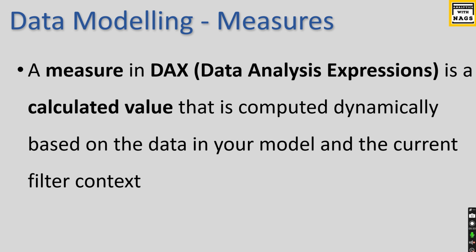This is a very important aspect of DAX and data modeling. You need to carefully choose when to use a calculated column and when to use a measure, because with a calculated column you can physically see the results: the column is created and the data is stored in the table.